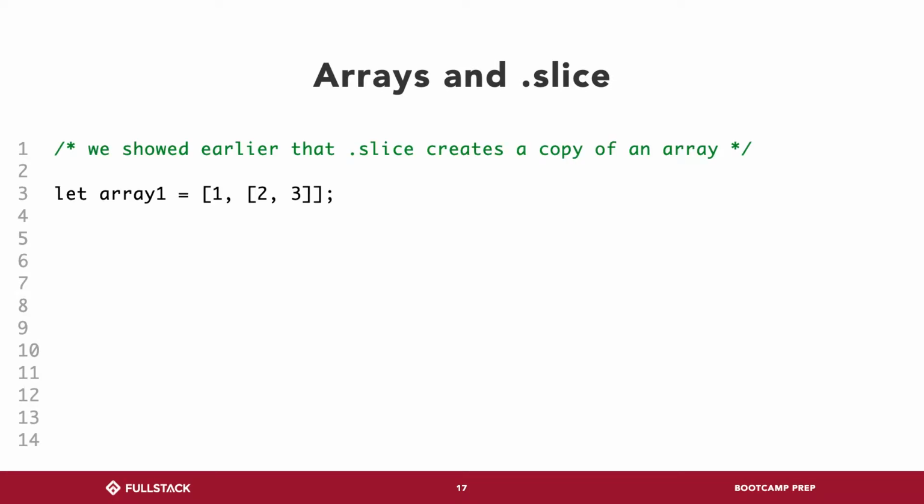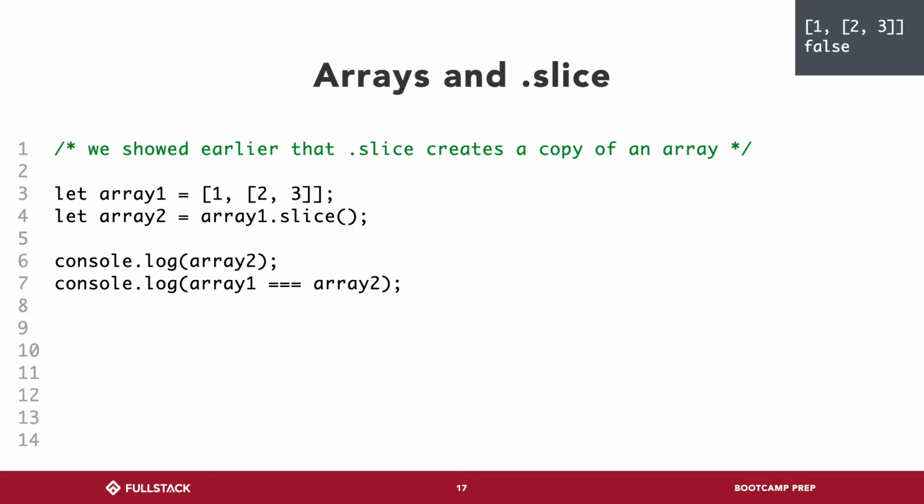So we showed earlier that dot slice creates a copy, right? Now, if you look at this, array 1 is equal to an array. At index 0 of that array, it's 1. At index 1 of that array, it's another array. So this is a multi-dimensional array, right? So if array 1 dot slice should copy that, what about the complex value at index 1?